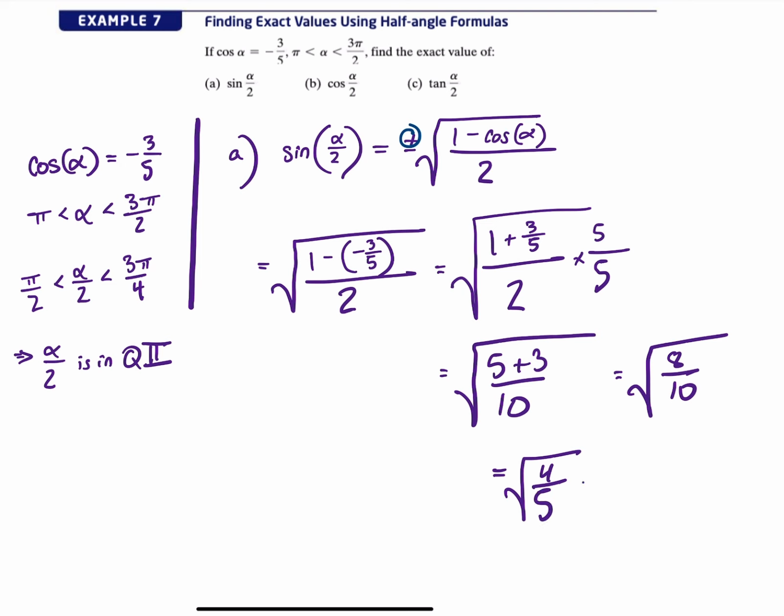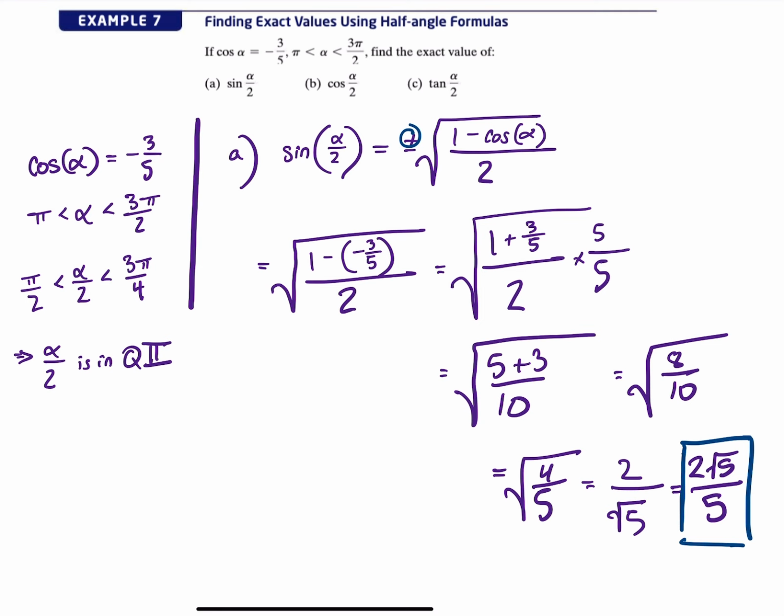I know the square root of 4 is 2, so we have 2 over the square root of 5, and then let's just rationalize the denominator. So if we multiply by root 5 over root 5, we'll get 2 root 5 over 5. So that was for the sine of alpha over 2.